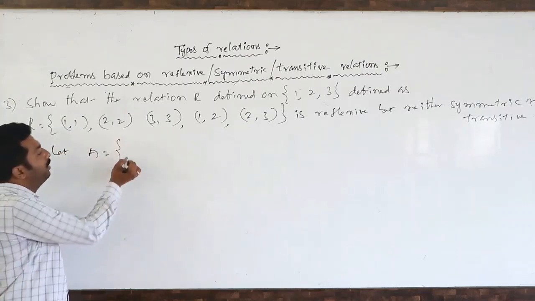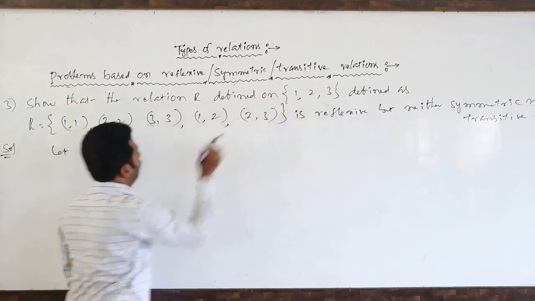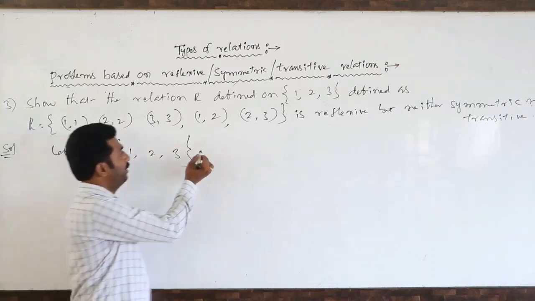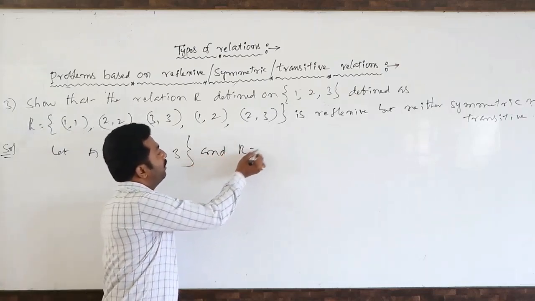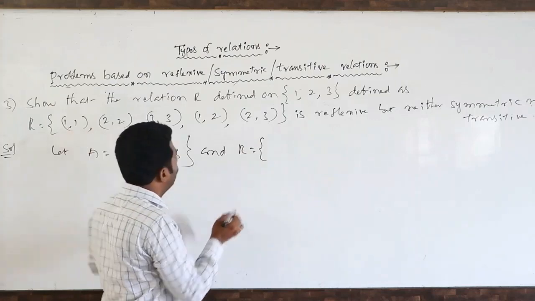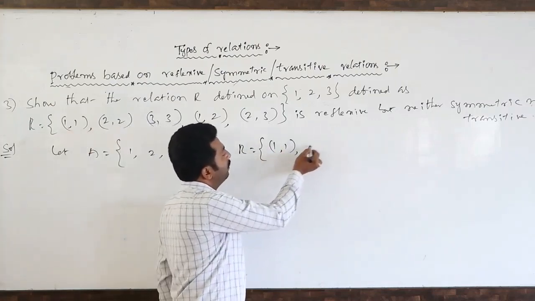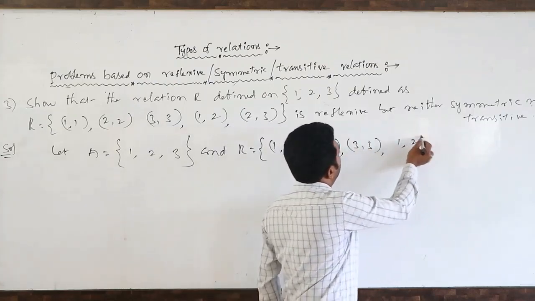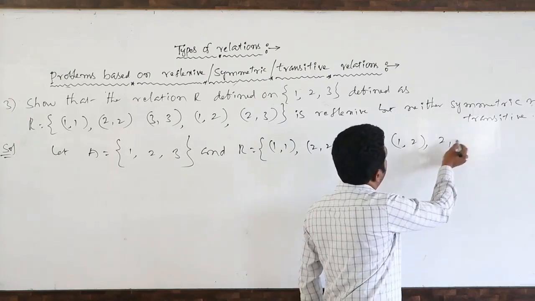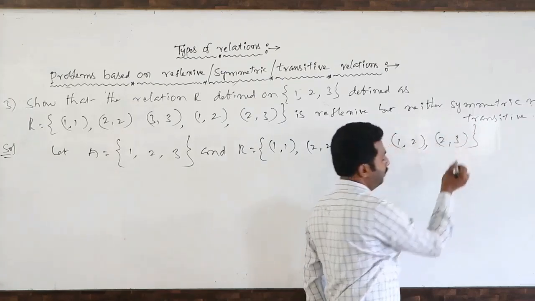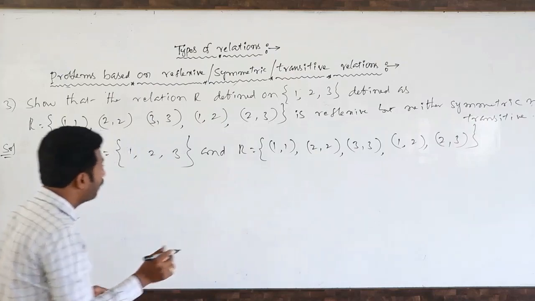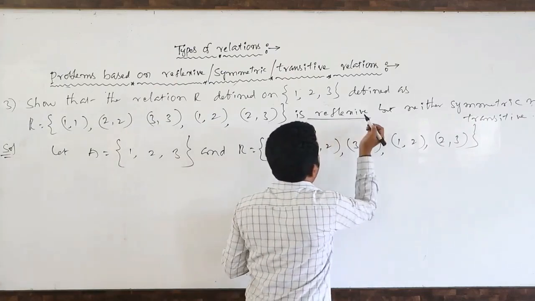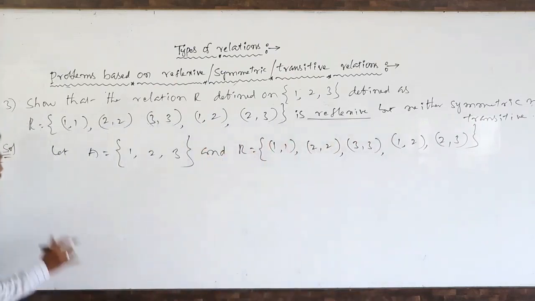Let A be the given non-empty set, 1 comma 2 comma 3. And the relation is capital R equal to (1,1), (2,2), (3,3), (1,2) and (2,3). Right. First we have to see whether capital R is reflexive or not.